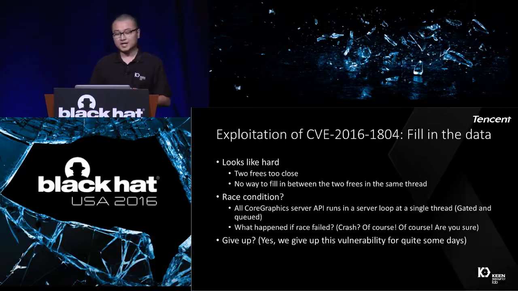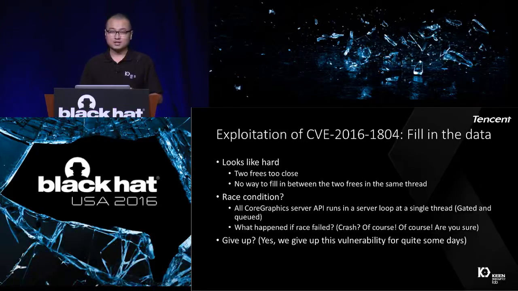It looks very hard to exploit because the two frees are very close to each other. There is a small time window. And another thing is that all Core Graphics APIs actually run in a single thread in a server loop. So you cannot use any of those Core Graphics APIs to fill in the data.